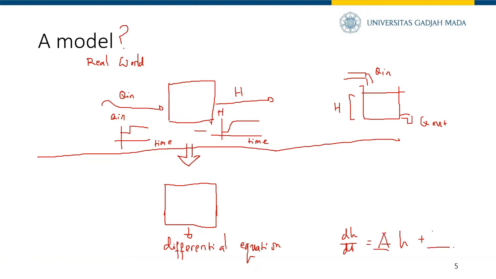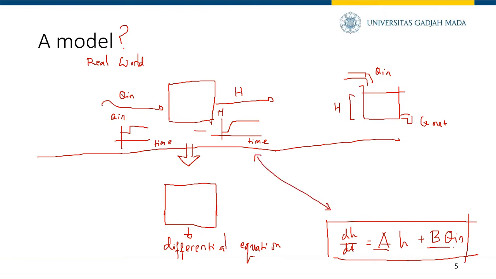Maybe a, b. So we will have this kind of equations. This kind of equation has the same pattern as the real data.